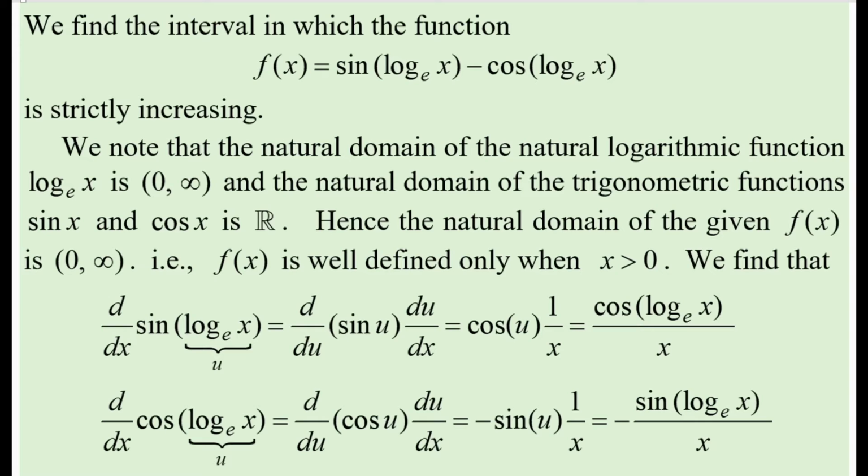Now d by du of sin u is cos u, so this is equal to cos u times 1 by x, because du by dx is equal to 1 by x, since u is log x. So we get d by dx of sin of log x is equal to cos of log x by x. Similarly, we can find that d by dx of cos of log x is equal to negative sin of log x by x.